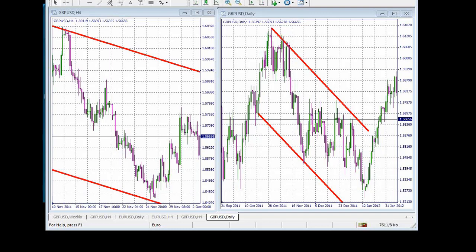But sometimes this move is rejected from the resistance area if we are in an uptrend, and then we have the corrective move down, or vice versa if we are in a downtrend, sorry.